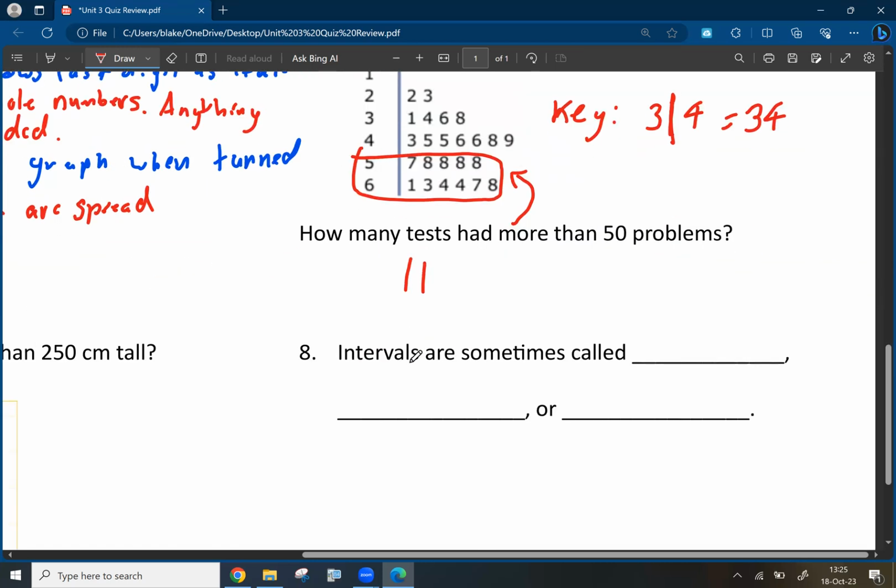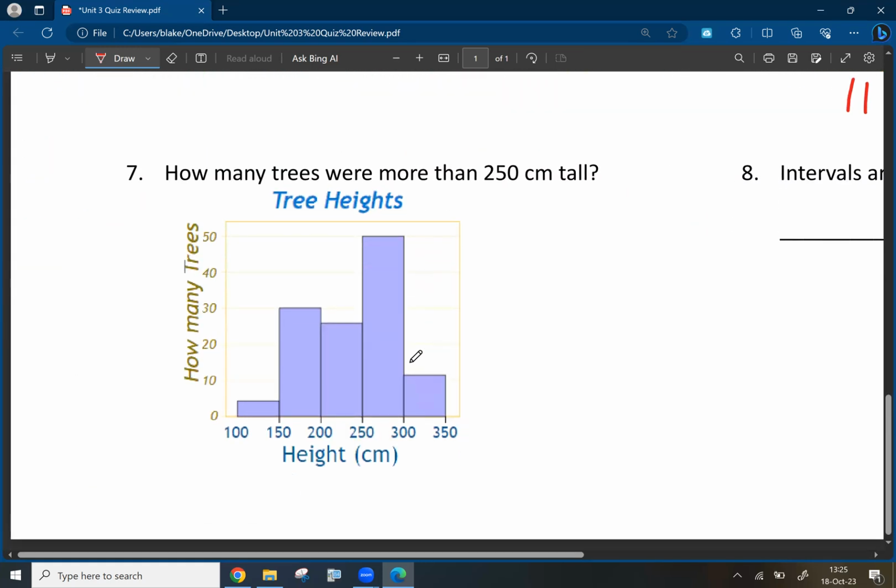Excuse me. All right, number 7. How many trees were more than 250 centimeters tall? So 250 is right here. We have 50 in this column, and that one's tough, I'm going to say 11 on this one.